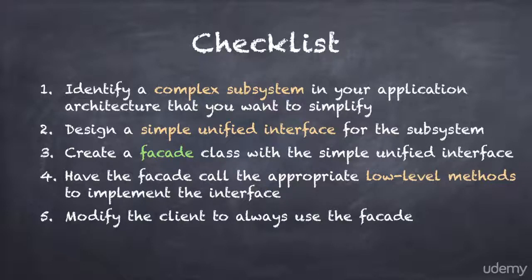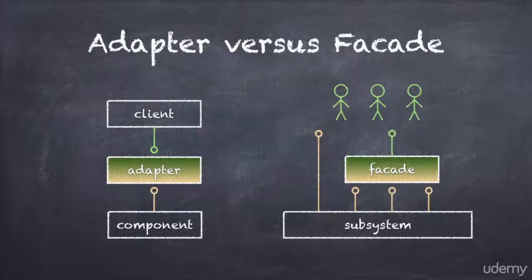And here are some final comments. The adapter and facade patterns are very similar. Both patterns make changes to an existing interface. But the difference is in the intent of the pattern.